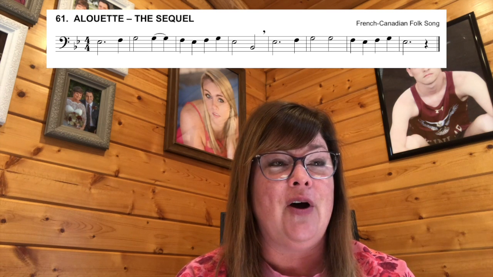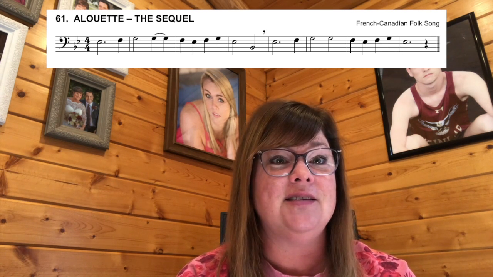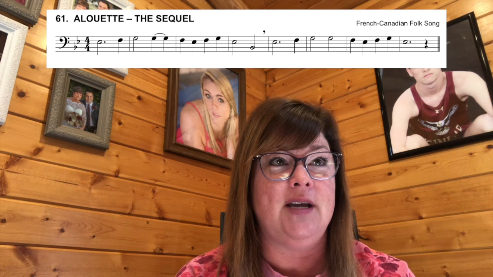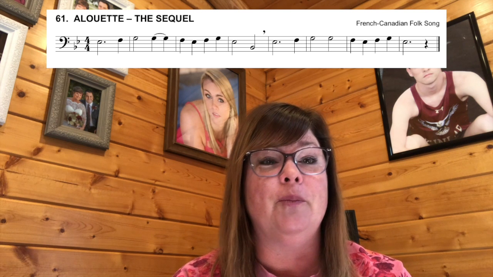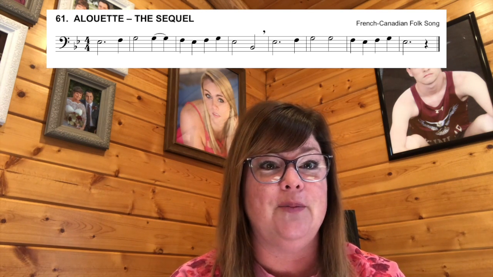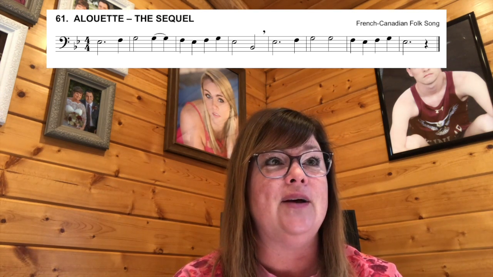Those 2 are exactly the same sounding. They've written them differently using tied notes. But when you play them, 60 and 61 are going to sound exactly the same. Your family won't know if you're playing number 60 or number 61 because those are going to sound exactly the same.